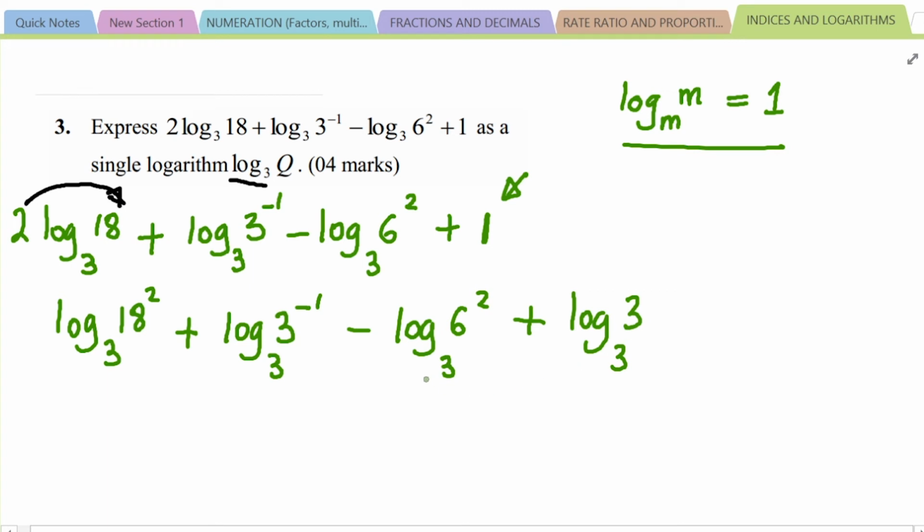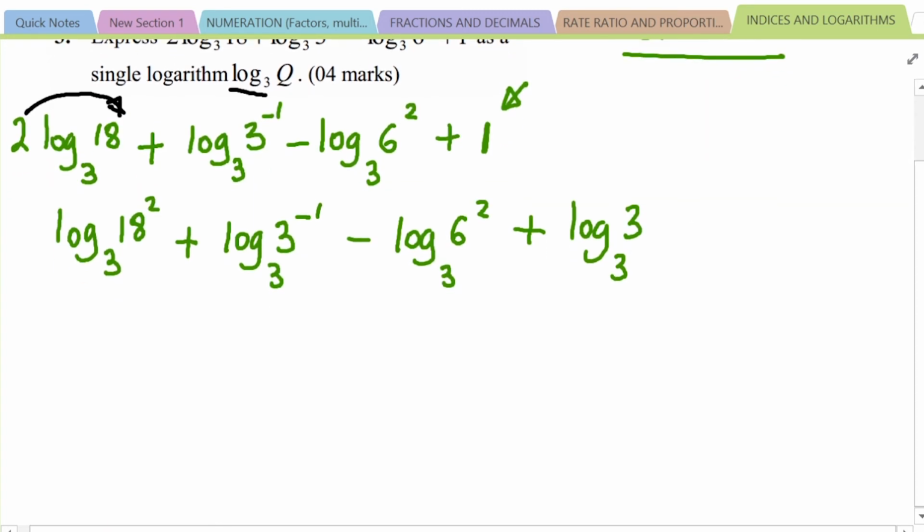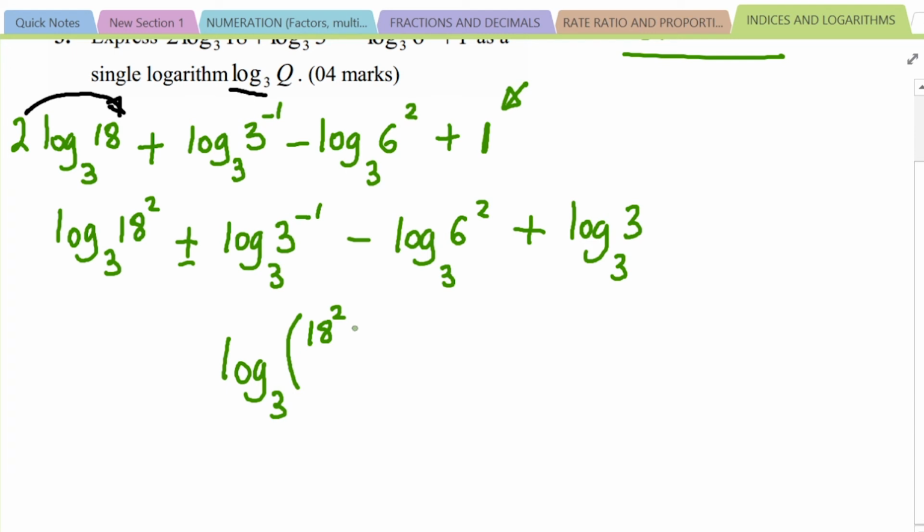Since everything is now log base 3, it's the same log, so we shall maintain that log, write the base right there, then start manipulating the things in here. That is 18 squared. Since we have a plus here, we shall multiply, times 3 to the power negative 1.